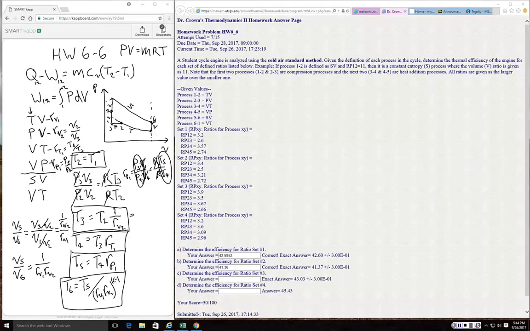So this would be T1 over RV2, and this one would be T1 over RV2 times RT1, and so on. I could do that for every term, write them all as a function of T1. And then finally, I need to find the work and heat transfer that's appropriate for each cycle. So I'm going to erase these. I'll keep my temperatures in there on my piece of paper.